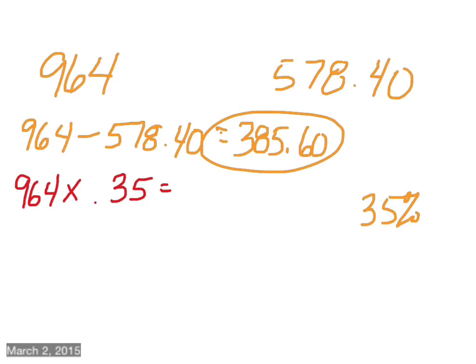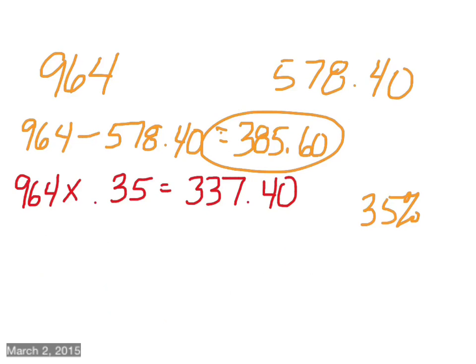What's 964 times 0.35? $337.40. Now for the last part, we take the markup minus the overhead.